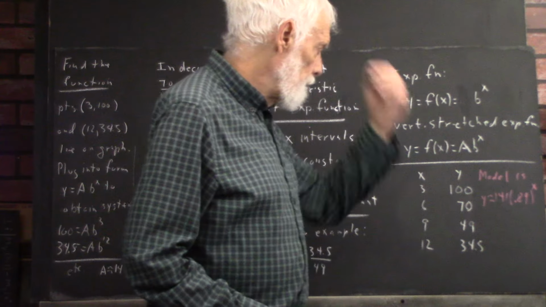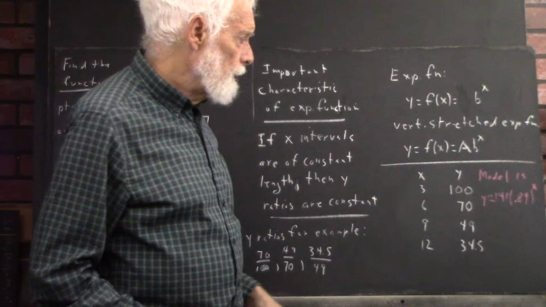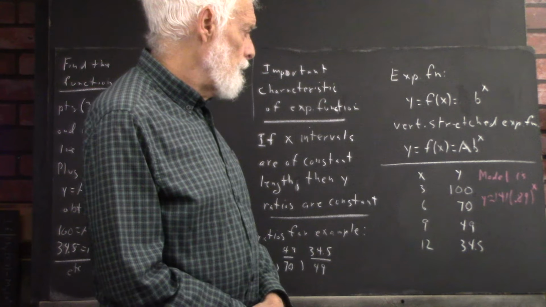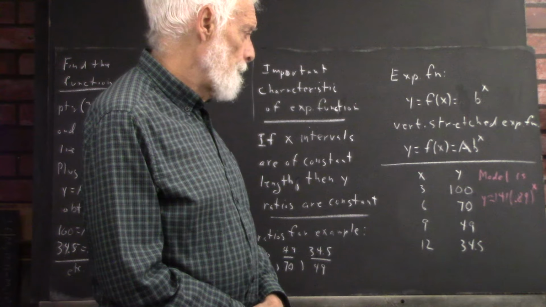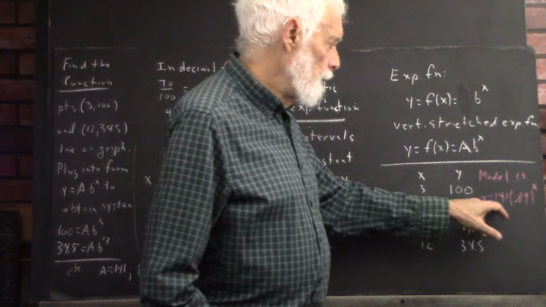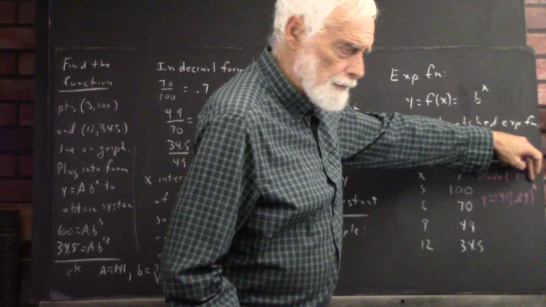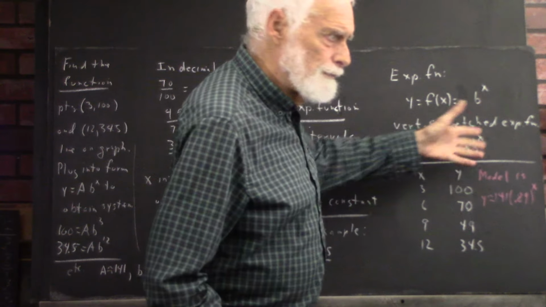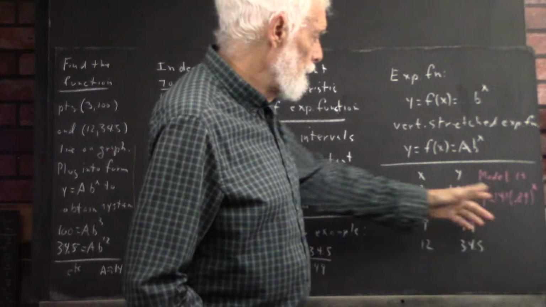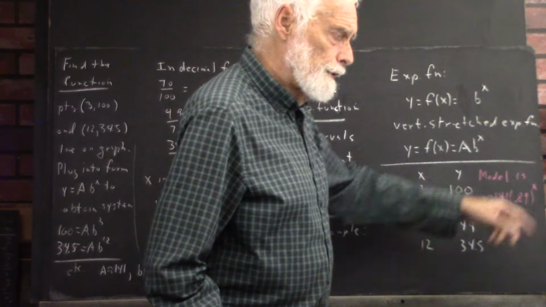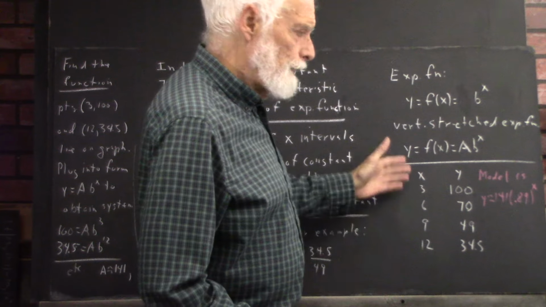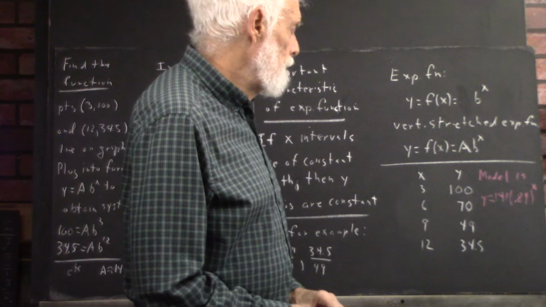Now the 141 is pretty accurate. Okay, it's not too far off. Don't know about the 0.89, and remember you're raising this to not large numbers but not small numbers of powers that are in the range from 3 to 12.